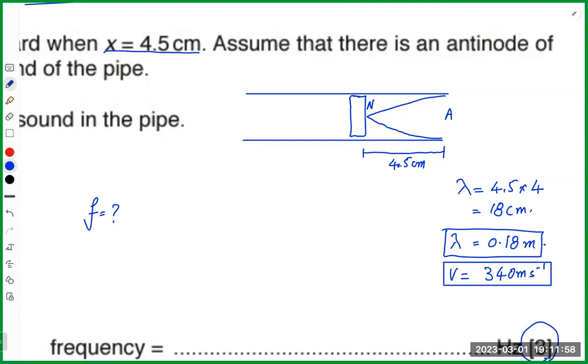Is there any equation, any formula that connects v, f, and lambda? Yes.